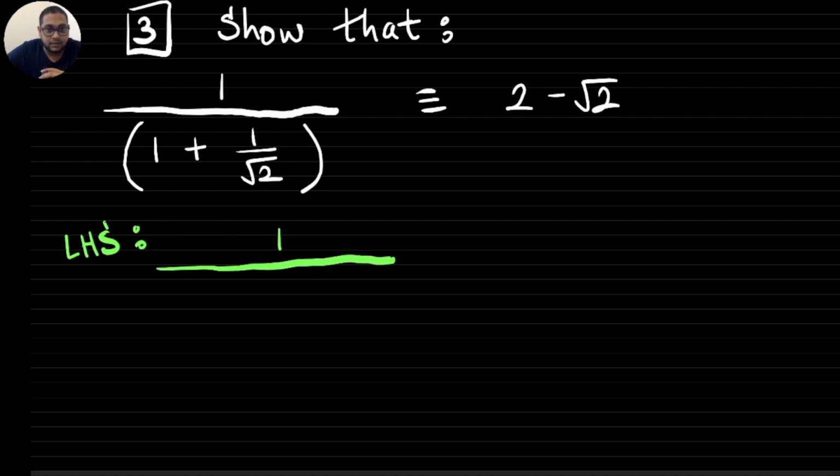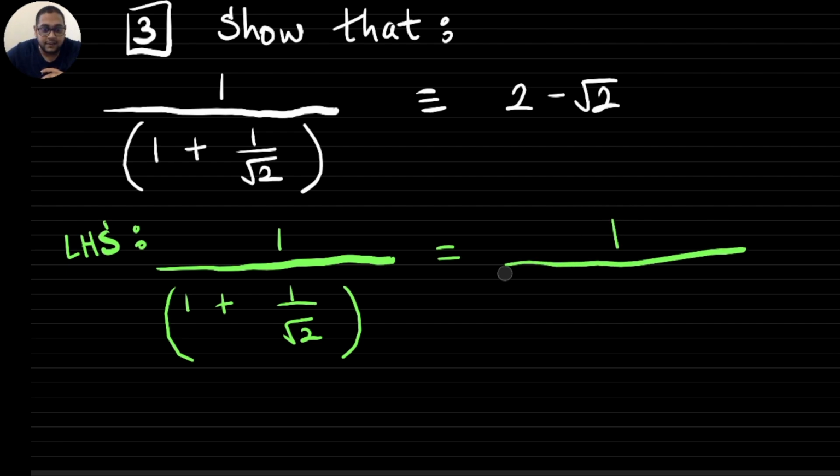That will be 1 over 1 plus 1 over root 2. And then I'm going to focus only on the denominator, the terms within the brackets. 1 will be untouched, unharmed.